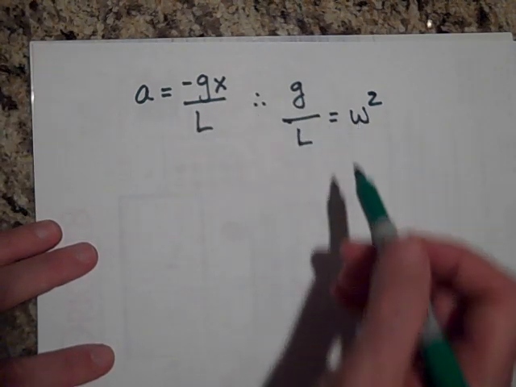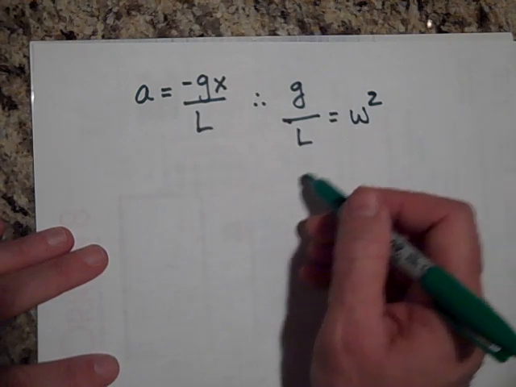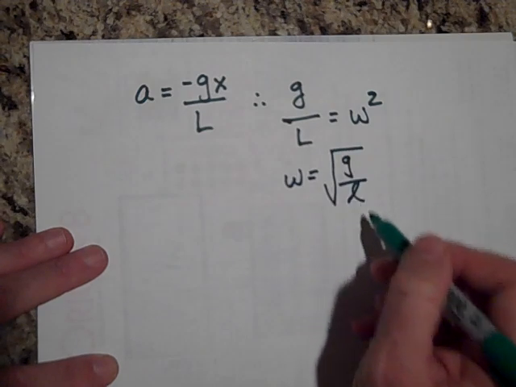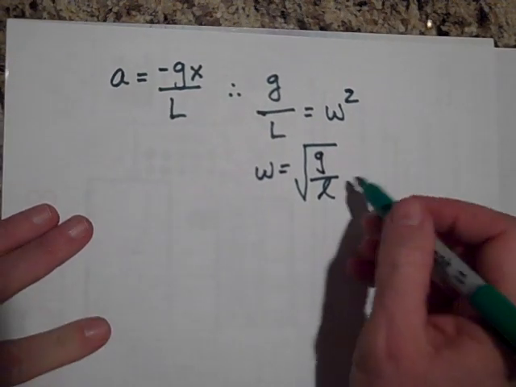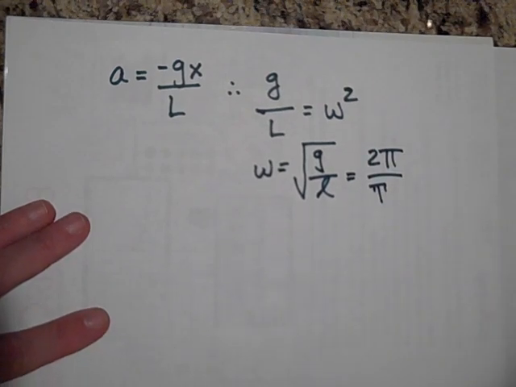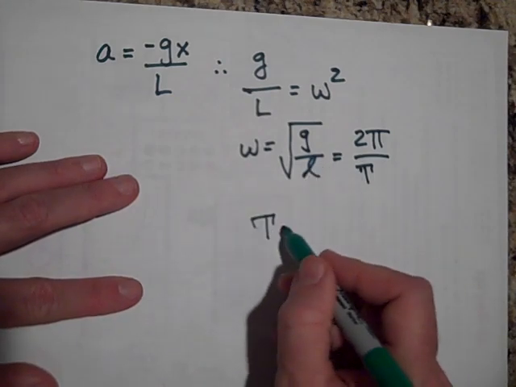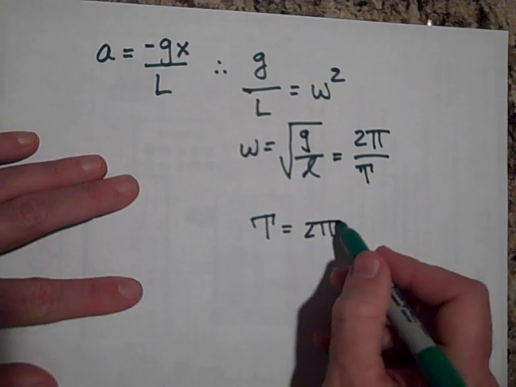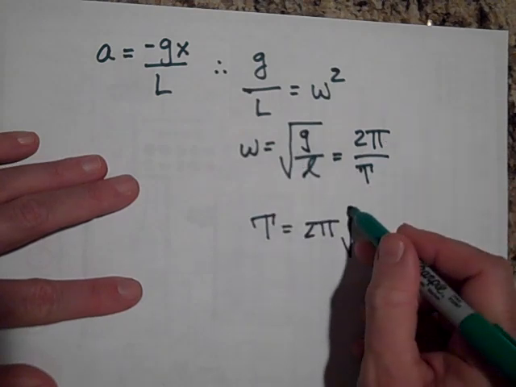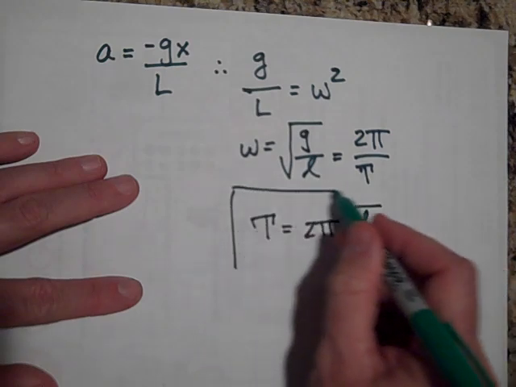So g over L is omega squared. And so omega must equal the square root of g over L for a pendulum. But omega is equal to 2 pi over the period. So I'm almost there. Solve for the period. The period is equal to 2 pi times the square root of L over g. We're done.